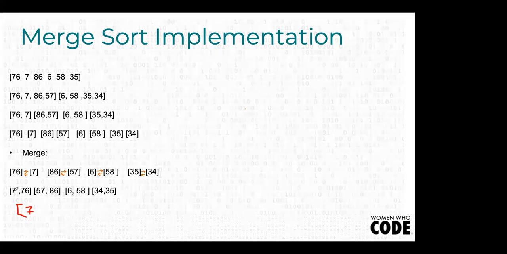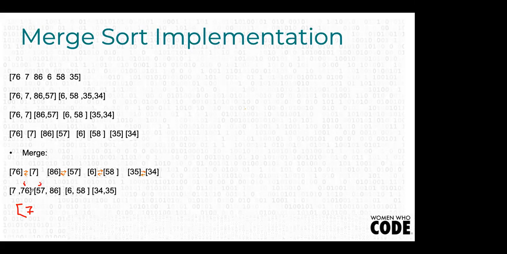Now since we have added the 7 to the list, we increment from 0 to 1. Let's say this is I and this is J.